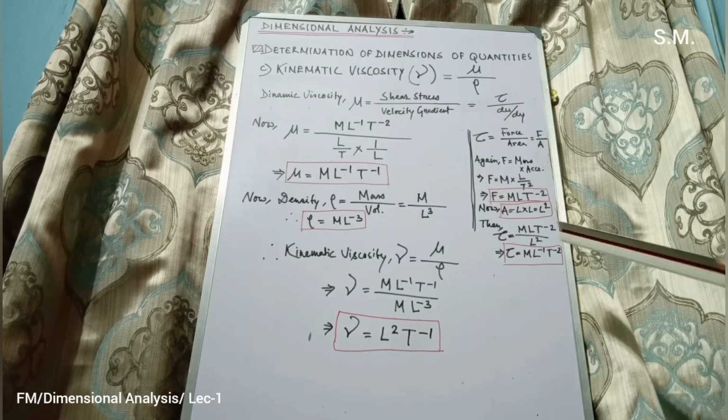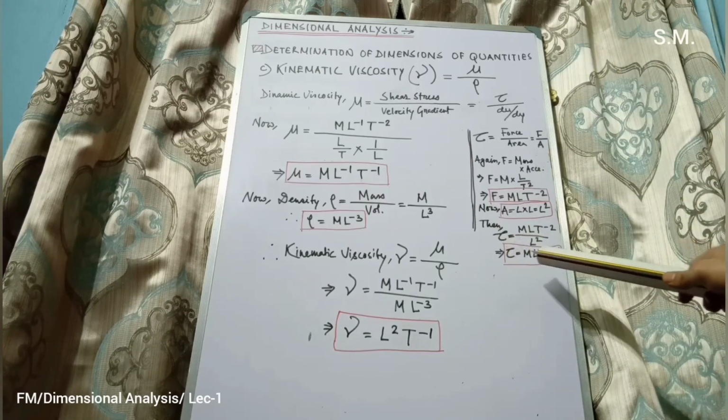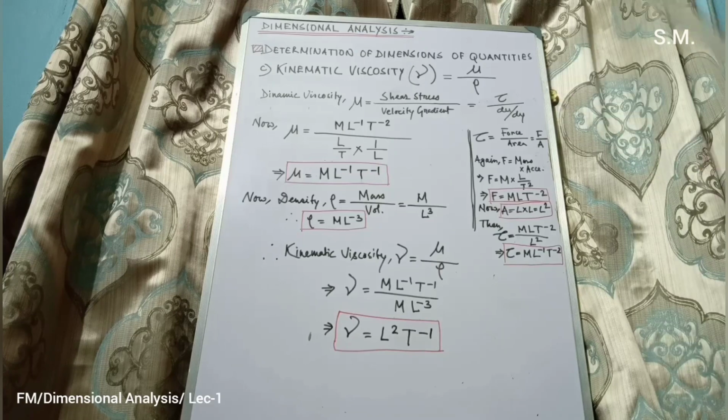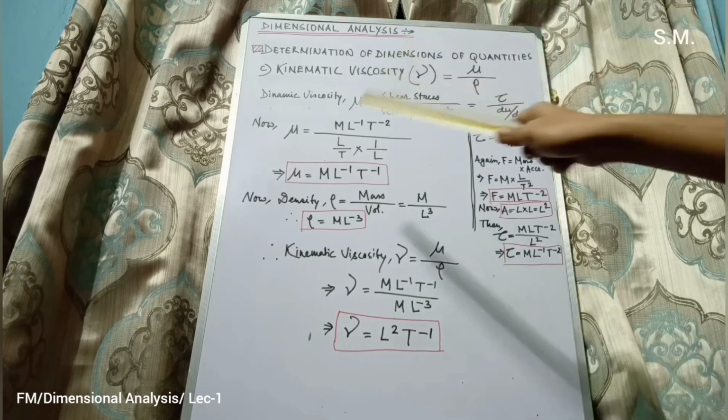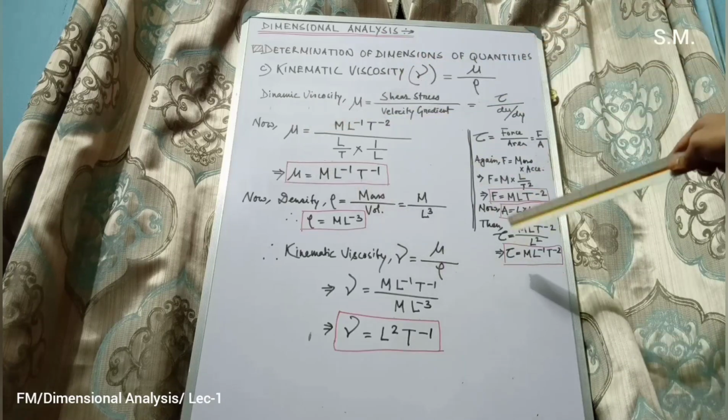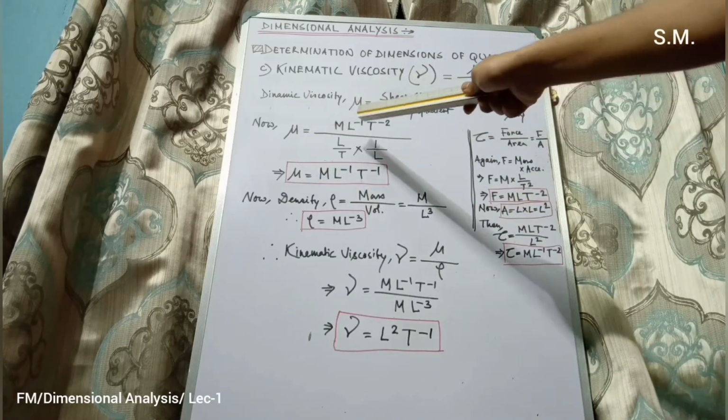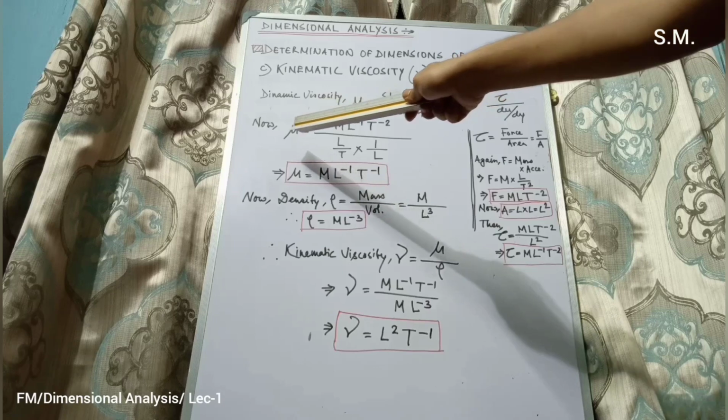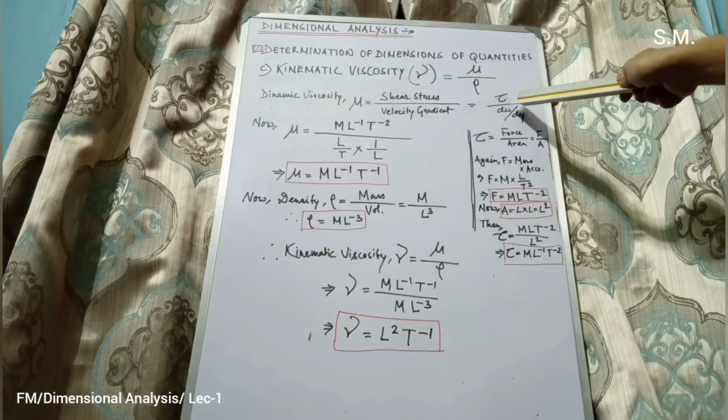Now the dimension of tau is known to us. So we are putting the value of tau here, because mu equals tau by du/dy.